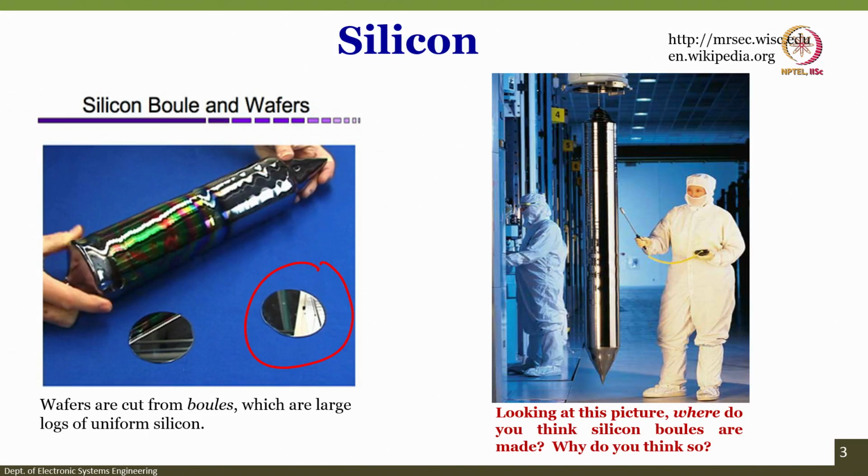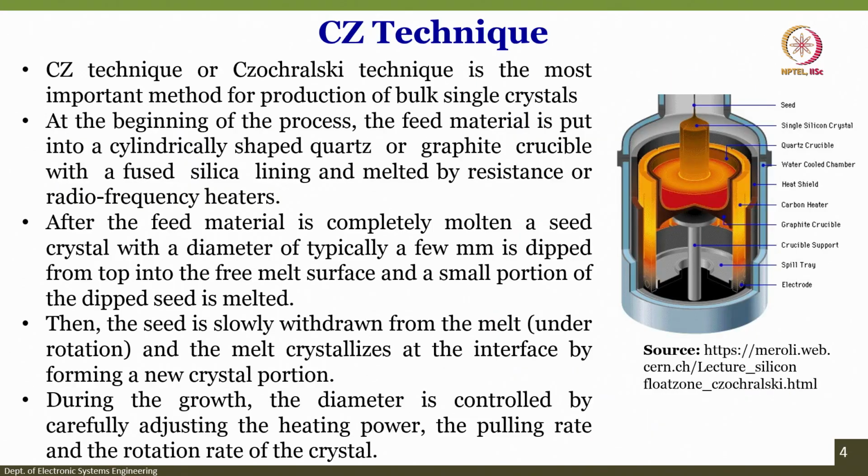Again, we have already learned in the previous class, what is this? A gowning for what? Clean room. So this is a clean room facility. Now if you want to make these wafers out of these boules, you have to use the clean room facility, and why clean room, you already know, to avoid any contamination.